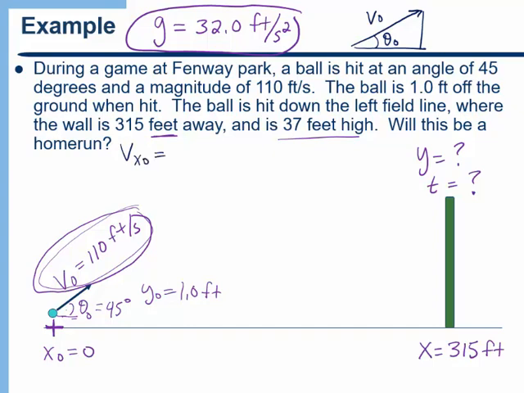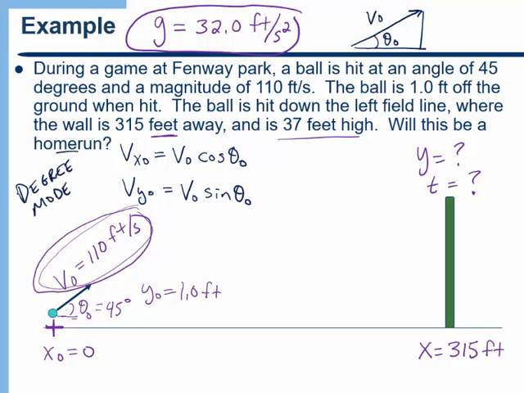Vx naught is just v naught cosine theta naught, and vy naught is v naught sine theta naught. Again, make sure that you are in degree mode. And if you're taking calculus concurrently with physics, you'll find you're switching back and forth all the time, because mostly in your calculus course, you're going to want to be in radians.